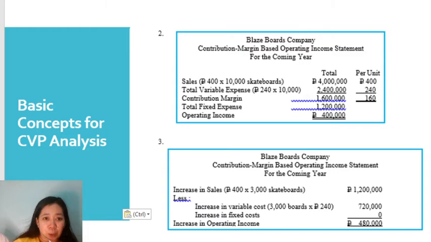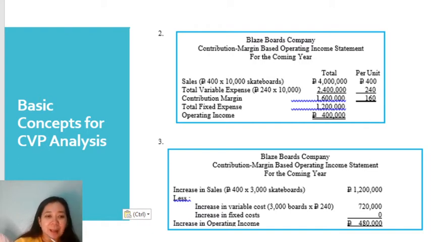In the solution in number 3, you could notice that we just compute the incremental figures, or we use the incremental approach. But you can also follow the format in number 2 requirement, meaning all you have to do is change 10,000 into 13,000. We will also arrive at the same answer in number 3.